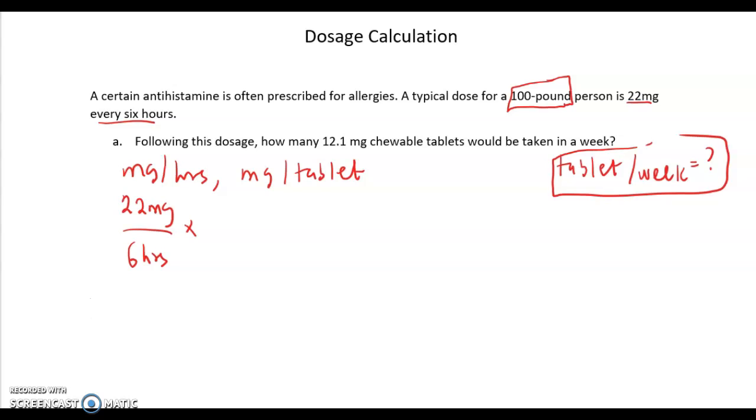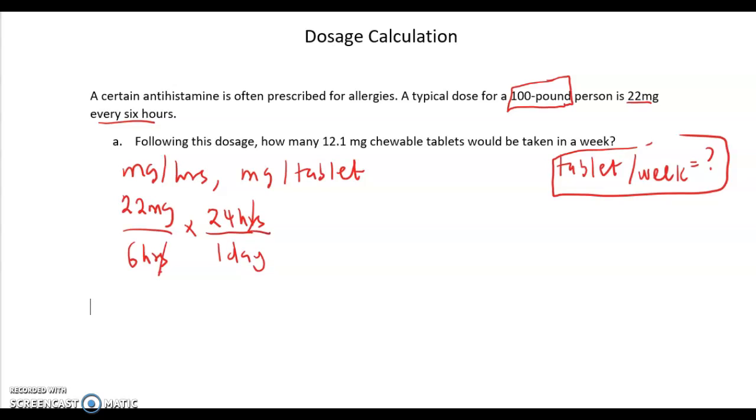And the next thing is to find out how many hours in a day. So there is some hours here, which we have to get rid of. So 24 hours per day.